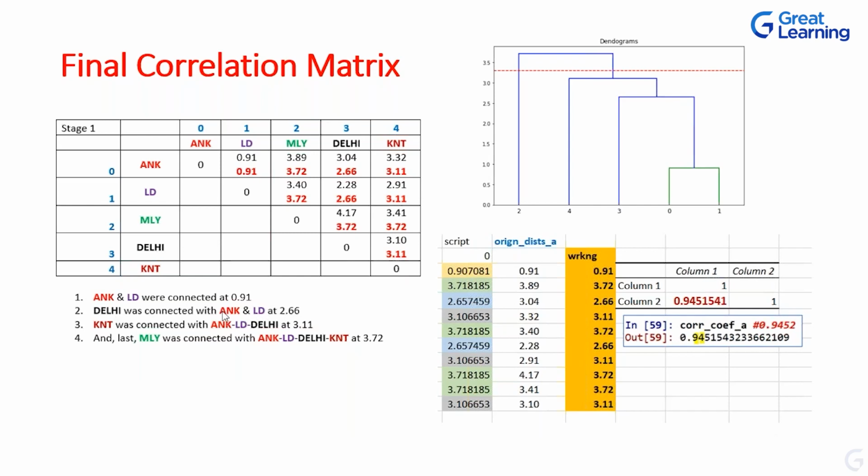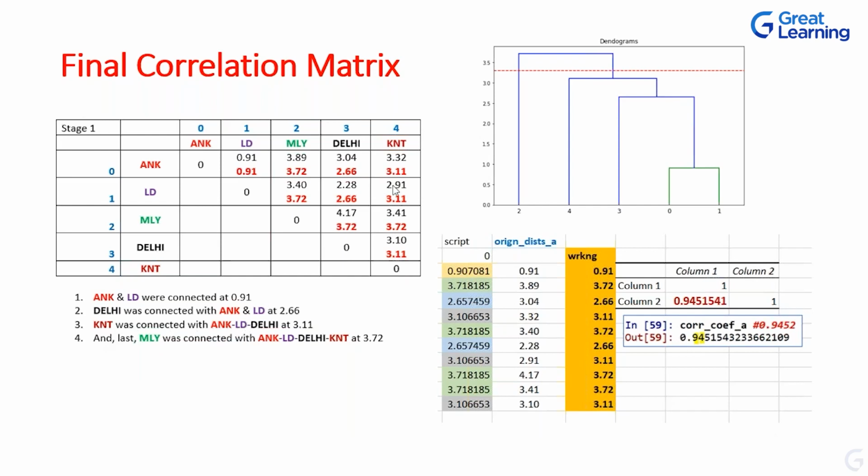So Delhi versus ANK, 2.66 is to be written, and Delhi versus Lakshadweep, 2.66 is to be written. Then Karnataka was connected with this cluster. So Karnataka versus Andaman and Nicobar, 3.11 is to be written.